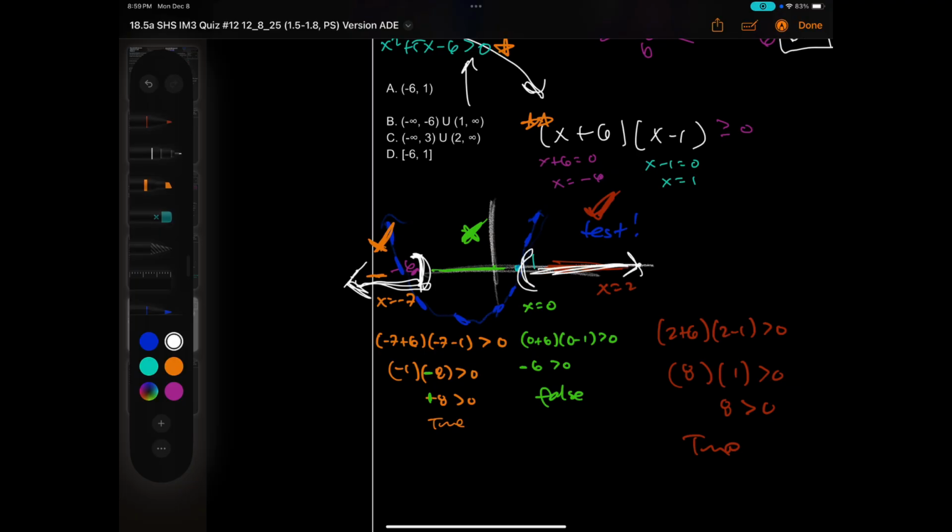So essentially, if I write down the numbers, you have negative infinity to negative 6. And then you have parentheses 1 to infinity. And then people are asking about the U. U just means union. You just combine the left and the right together. So that would be choice B.